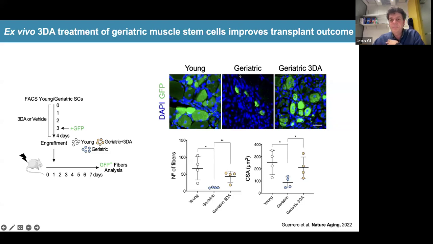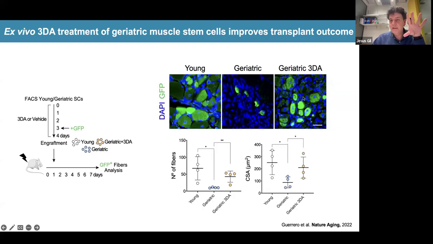When we transplant geriatric muscle stem cells, both the numbers and the diameter of these fibers are clearly diminished. So these don't have the quality or the ability to generate a good transplant that is going to generate good regeneration. But this is improved when we treat.